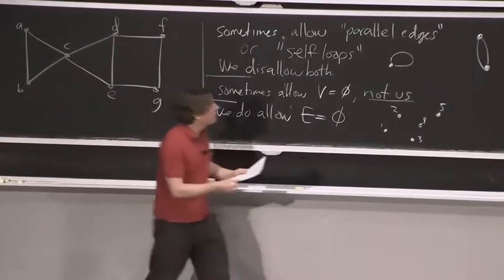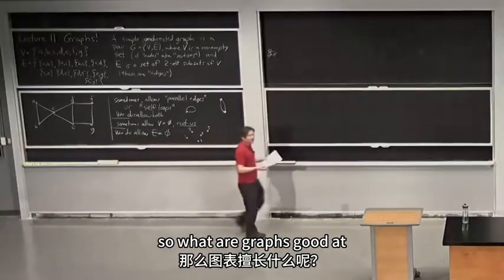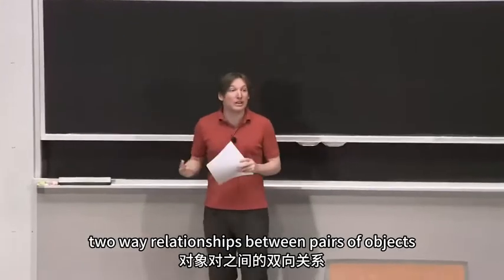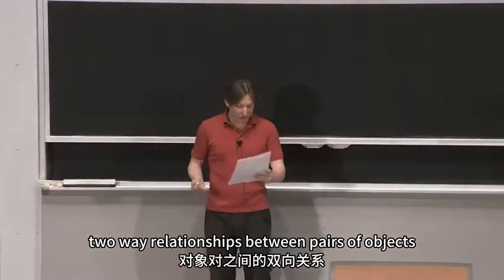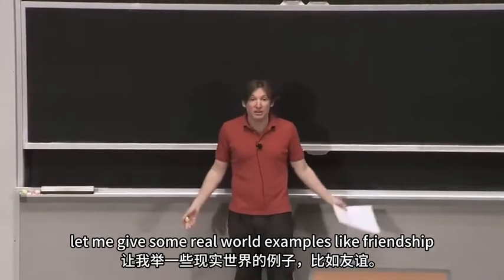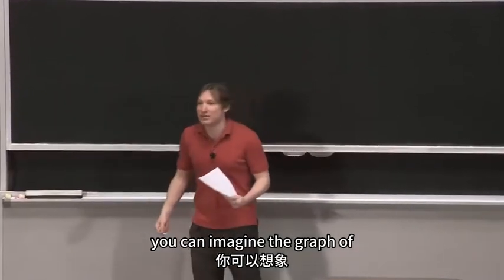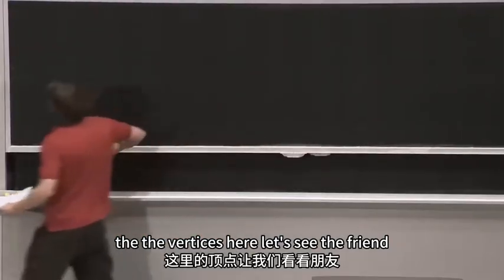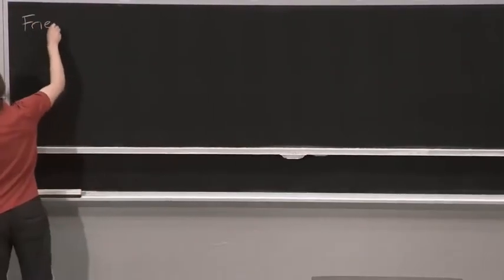All right? So what are graphs good at? Graphs are great at representing two-way relationships between pairs of objects. Let me give some real-world examples, like friendship. You can imagine the graph of all the friends in the world. The vertices, here, let's see, the friend graph.